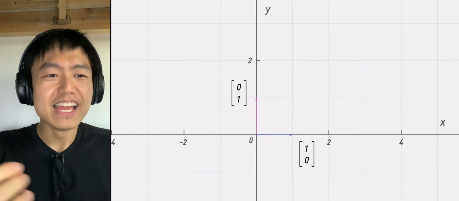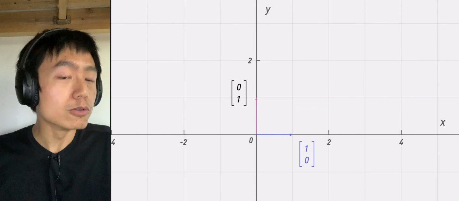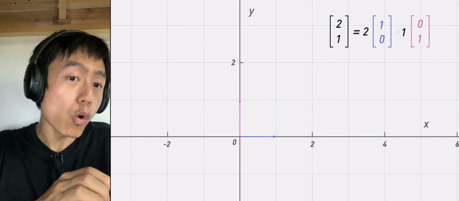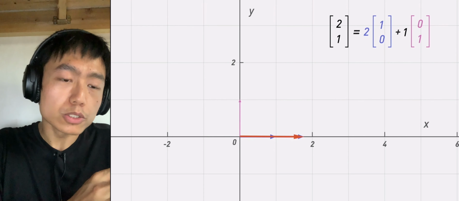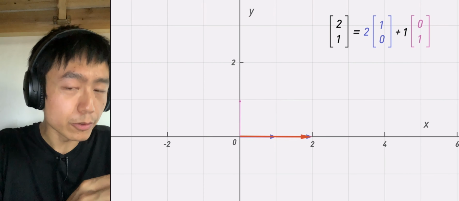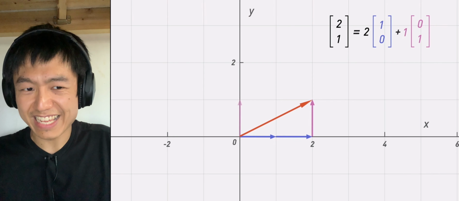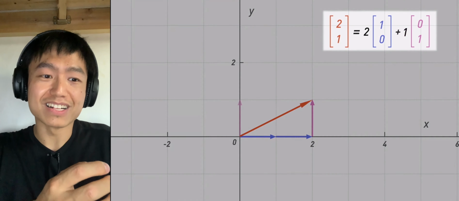By default, they are the unit vectors 1, 0 and 0, 1 on the xy axes, and 2, 1 can be seen as the coefficients of these 2 basis vectors. It means that it will first walk 2 units on the horizontal axis and 1 unit on the vertical axis. The addition of the vectors is 2, 1.